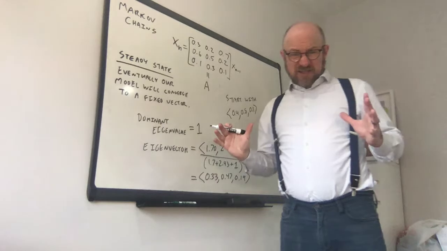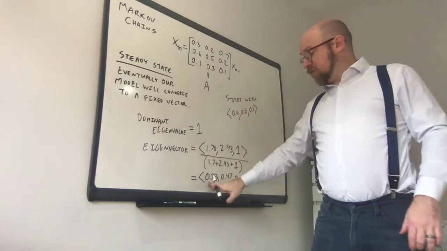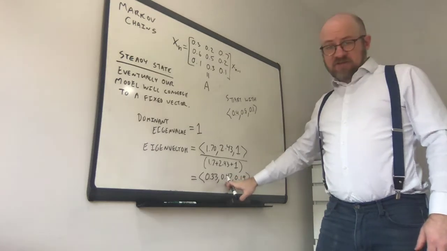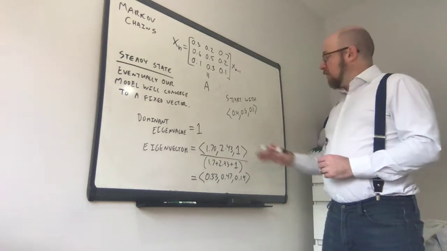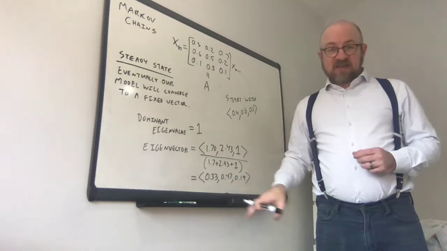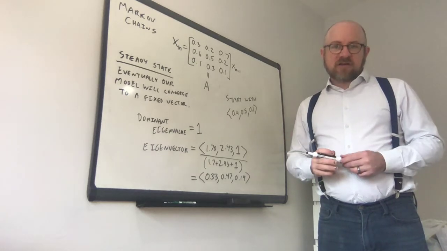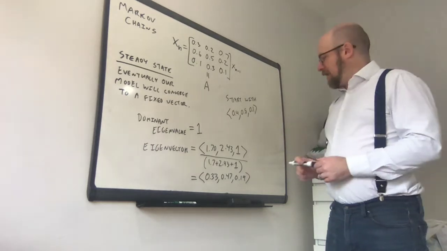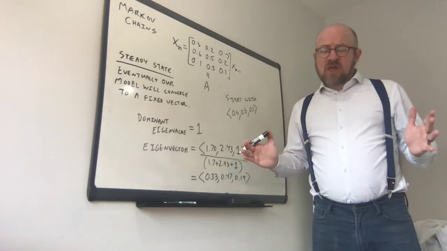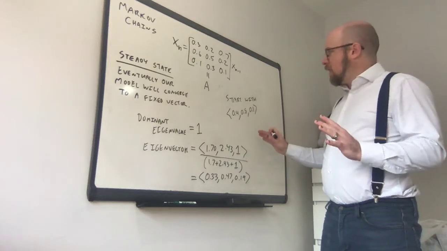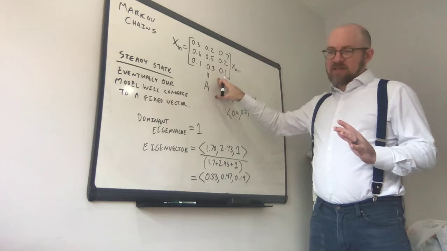We think of these as percentages, so these add up to 1. You're going to end up with 33% in state 1, 47% in state 2, and 19% in state 3. If you started with other percentages, you'd end up with the exact same thing, okay? I'll post a simulation on Blackboard with these lectures in Excel, and you can see exactly this happens. So that's what happens with a Markov chain like this.